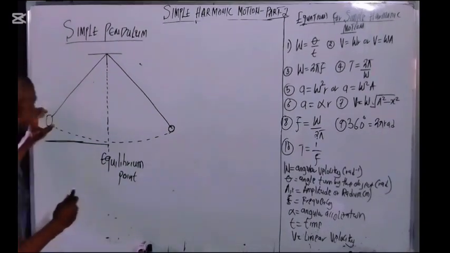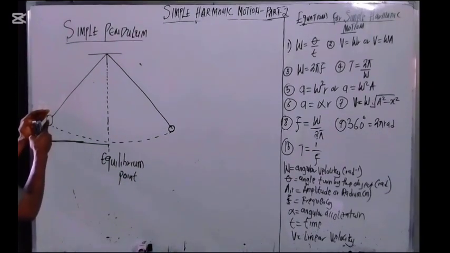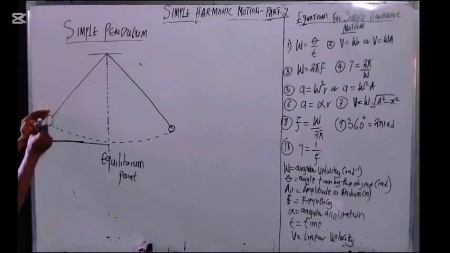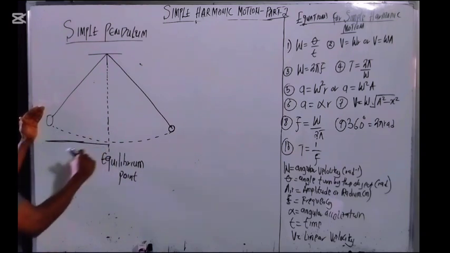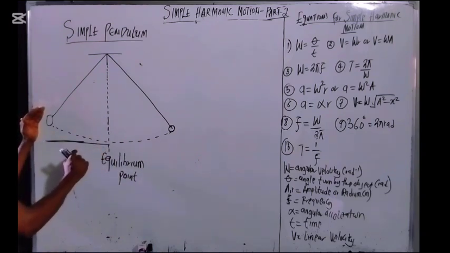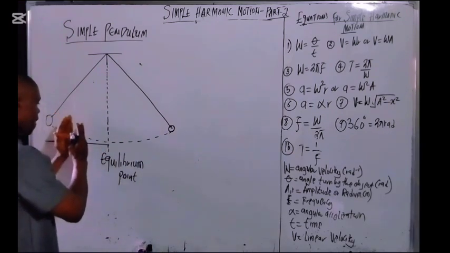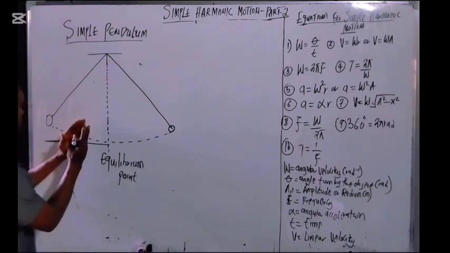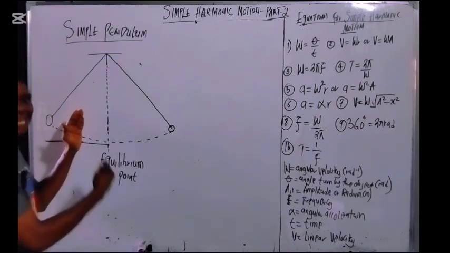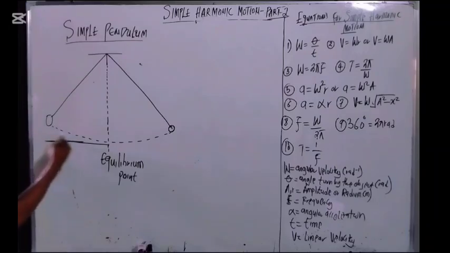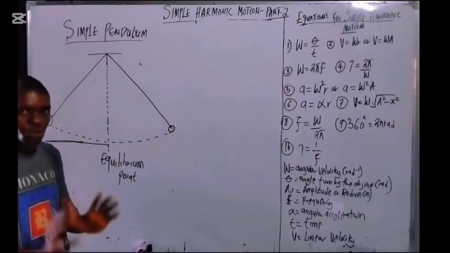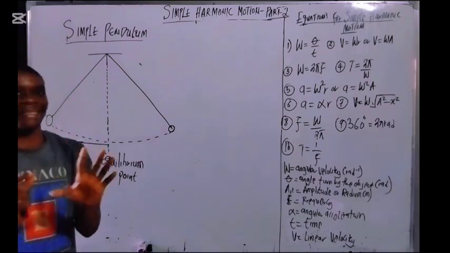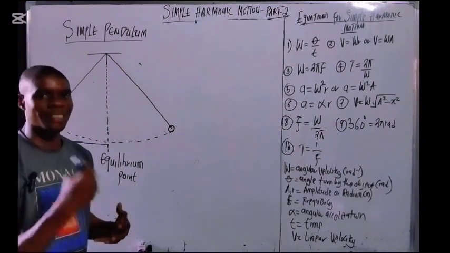It means the more the object is moved away from the equilibrium position, the more the acceleration. The less the distance, the less the acceleration. So these are the two criteria for an object to perform simple harmonic motion.